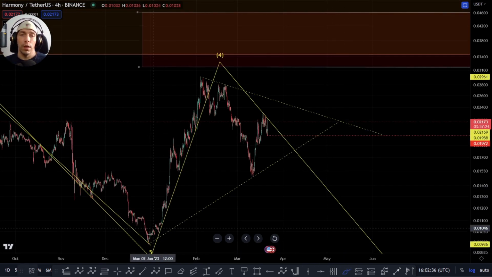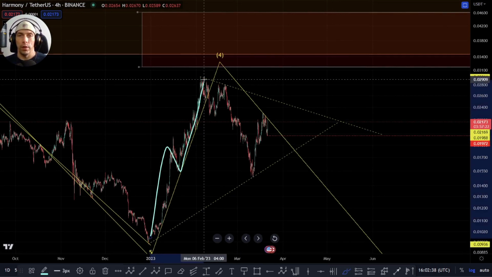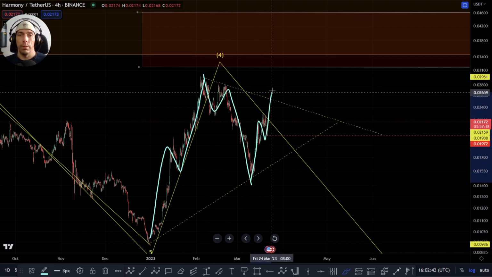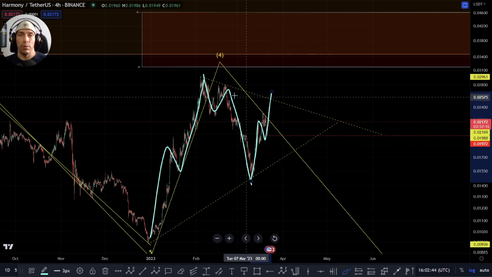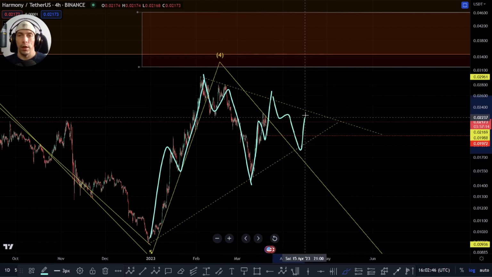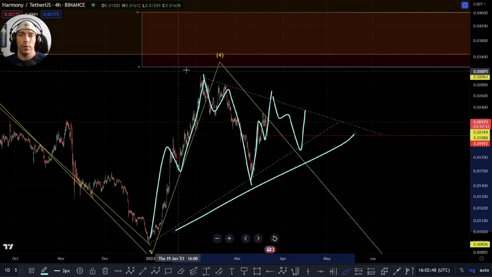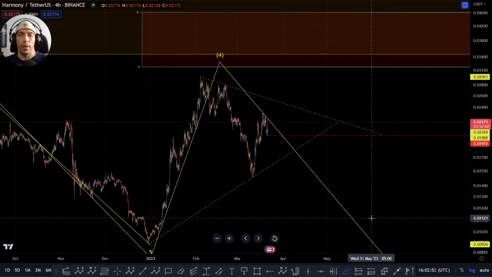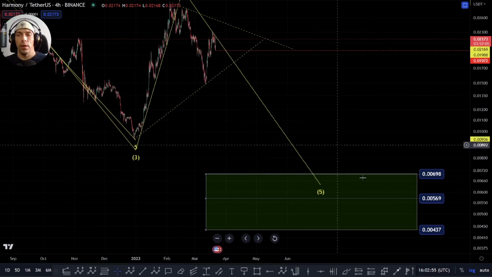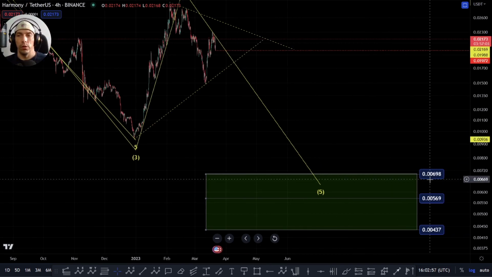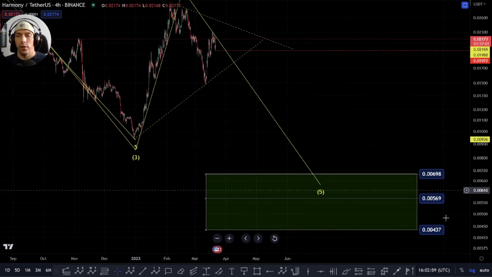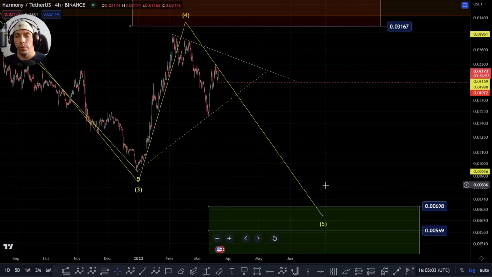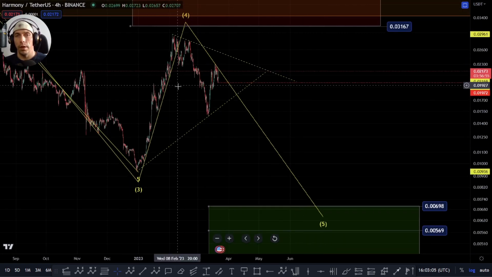If this is the case, we have to be careful of something like this as an A, B, form another five zigzag up here as a C wave, potentially D and E, and then we could get a triangle in this position, which could then mean that we look to break down one more time, and that could lead to a sell-off down here towards this 00698 to this 00437. So this is still possible. We could still see a new low here.